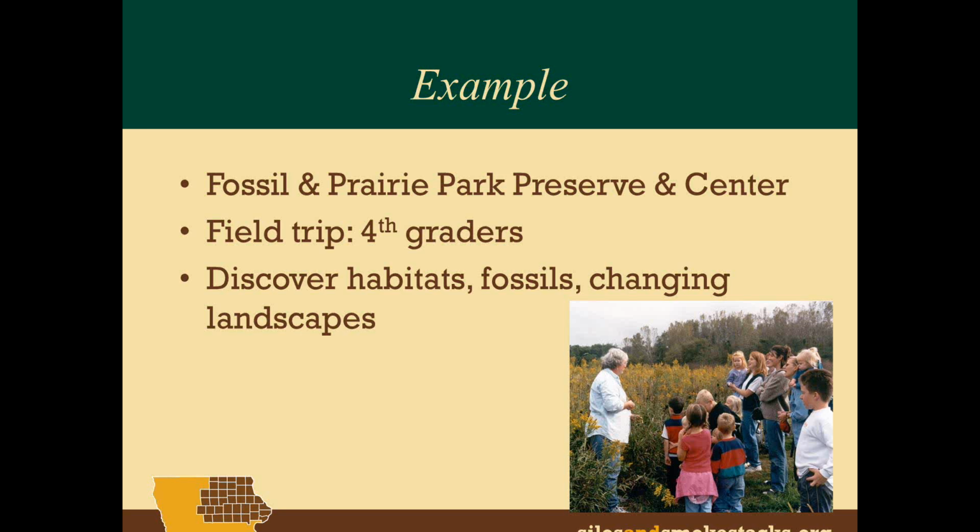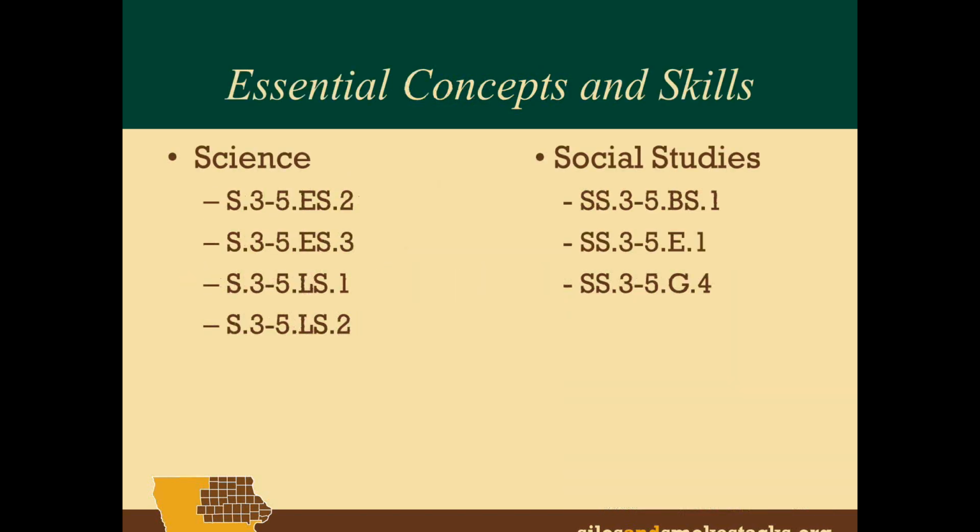Well, on the front page, hopefully you see immediately Earth and Space Concept 3. The first word, for example, is fossils. So that is definitely one skill and concept that we can reach by having them come for a field trip.